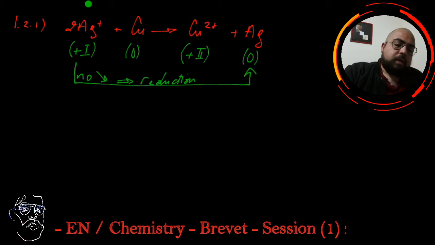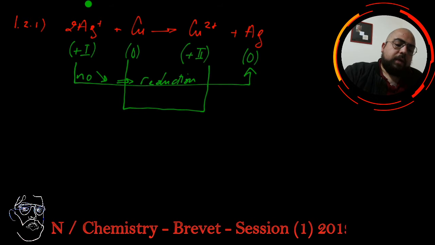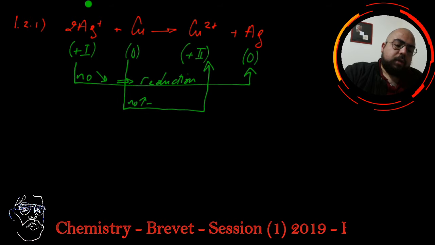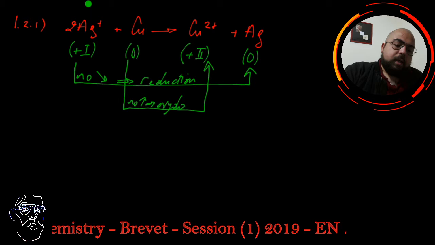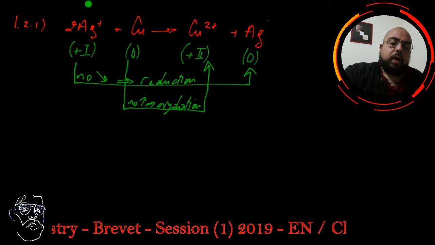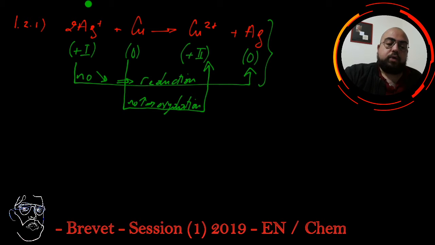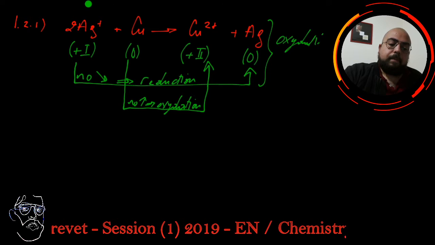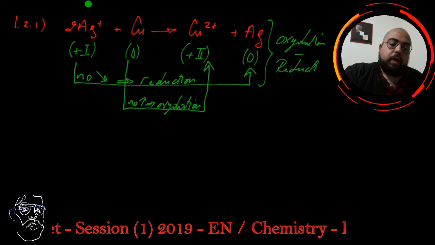As for copper, the oxidation number was 0 and it's increasing towards +2, so I have an oxidation. Since I have reduction and oxidation, this reaction is an oxidation reduction reaction.